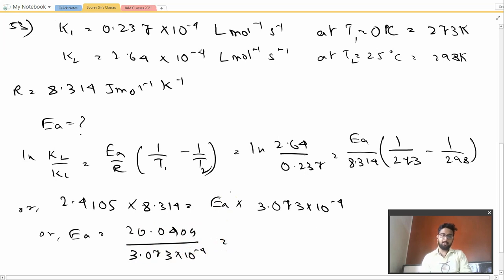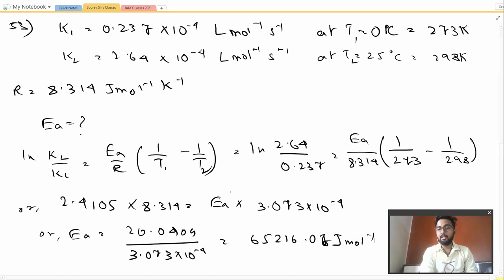Divide by 3.073 and divide by 10 to the power minus 4. This comes out to be 65216.007 joules. Now in the question you can see that you are asked to calculate the value, obviously this is in joule per mole, in kilojoules per mole.